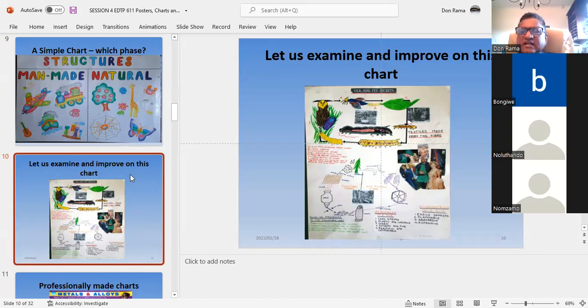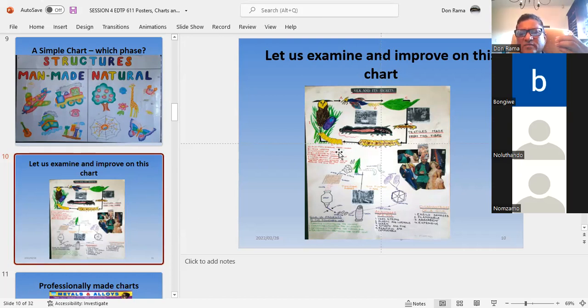As well as it is very cluttered. There was no planning in this chart. People have just stuck pictures and they have done writing on this chart, and you can see there's no planning of the layout of the chart. There isn't a flow to this chart, right? So this is an example of a very poorly constructed chart, right?